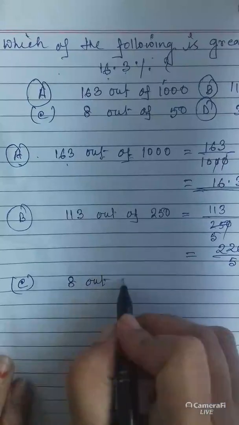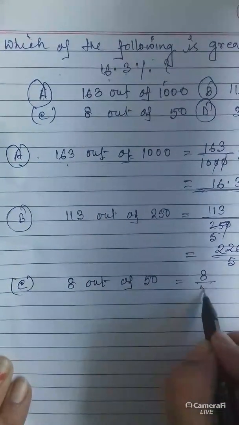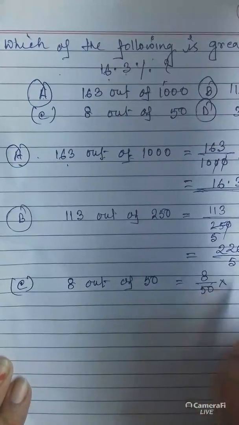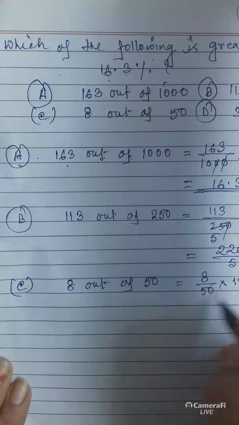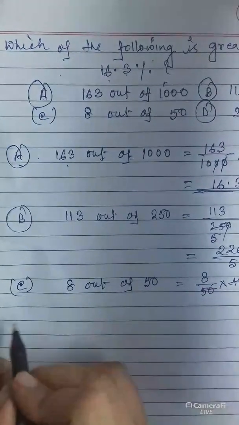Now we take option C. 8 out of 50 means 8 by 50 into 100, which is 16%.